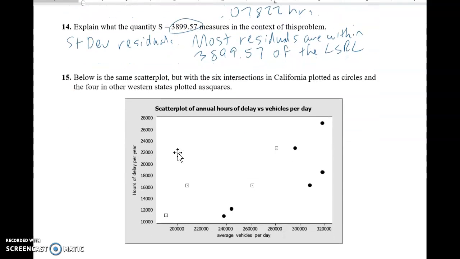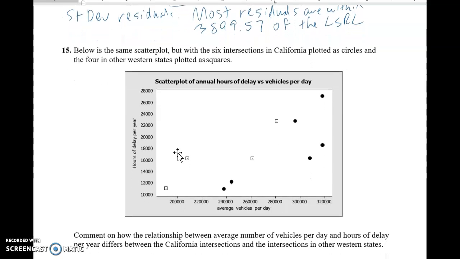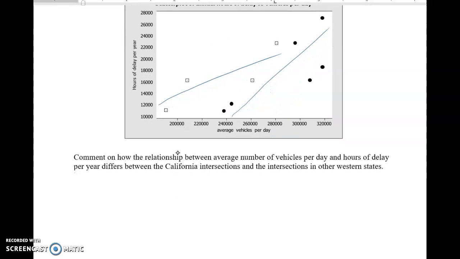When we separate it with California versus the Western states, we can kind of see that if I'm looking at California, I'm guessing there's maybe a little bit more of a slope, a higher slope, versus the Western states, if we were just to estimate that. So we want to talk about that.